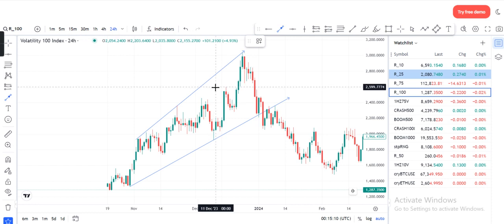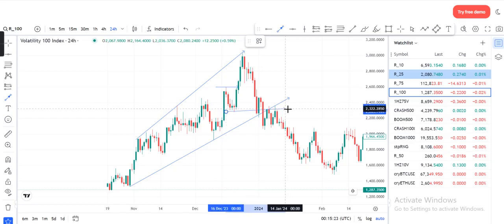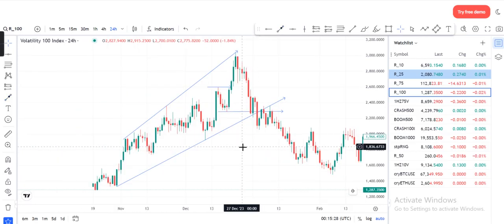This higher high got taken out, and then we also got this low taken out. So that was what we got on this market.